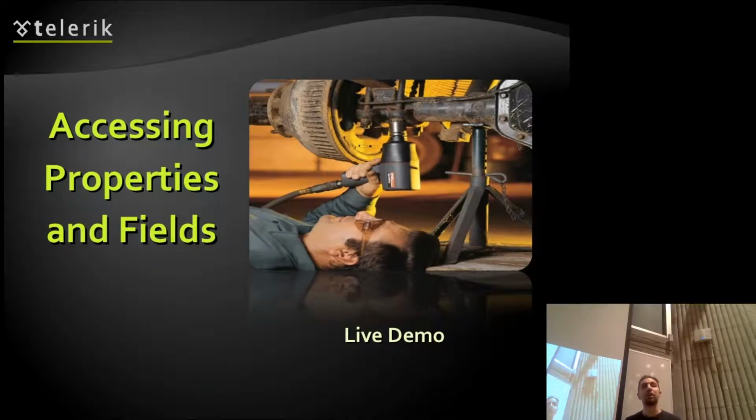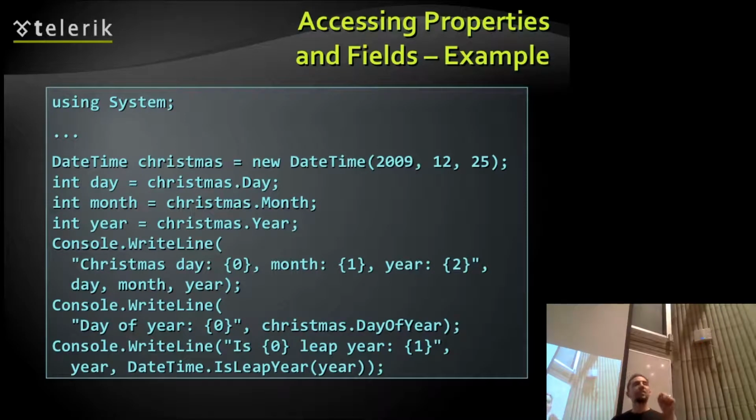All right, I've taken it away. If I say Christmas dot something, is that an instance method or a static method? I just said it. Let's go back. If it's class name dot something, it's a static method.